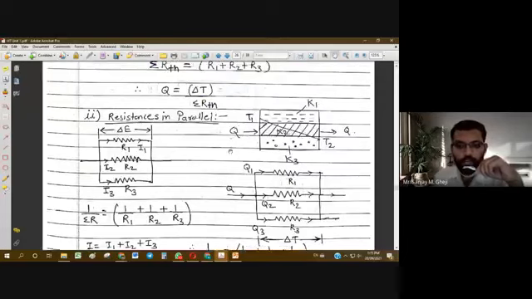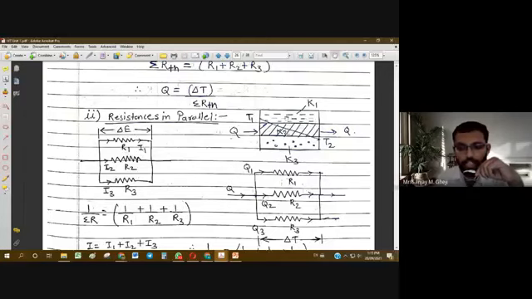Such a parallel case can be shown in a thermal conduction or physical system like this. Suppose we have three different plates or three different materials having conductivity K1, K2, and K3. These are arranged sideways as shown in the diagram.